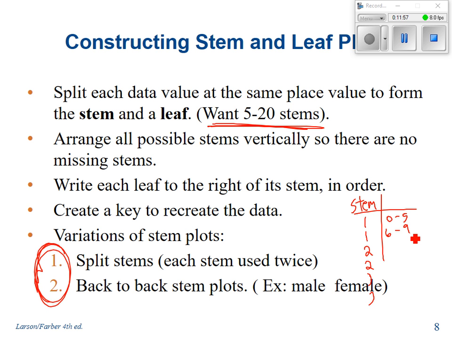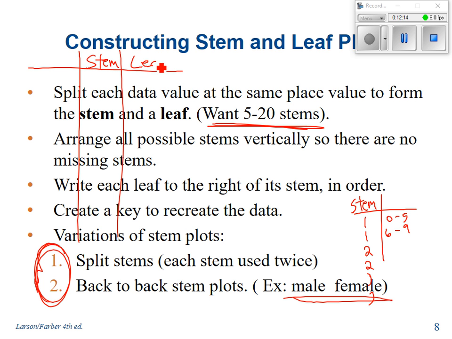A back-to-back stem and leaf plot, a lot of times when we're comparing males to females or dogs to cats, or comparing two things that aren't really the same, we'll have a back-to-back stem and leaf plot, and it looks like this. Your stem will be in the middle, then you have a leaf over here and a leaf over here, and maybe this leaf stands for the females, this one stands for the males, and you do your 1, 2, 3, whatever your stems are down through there.